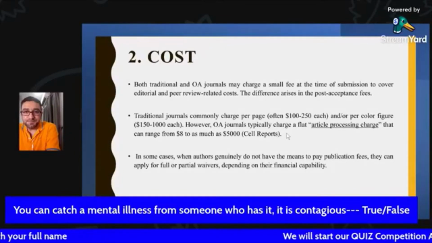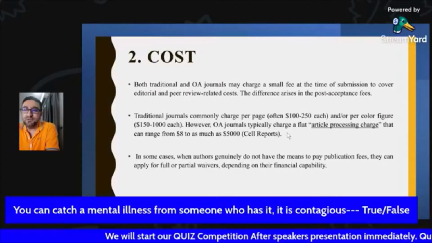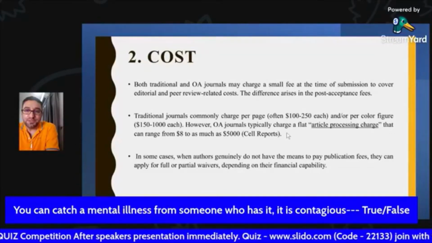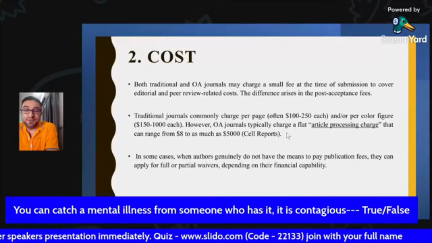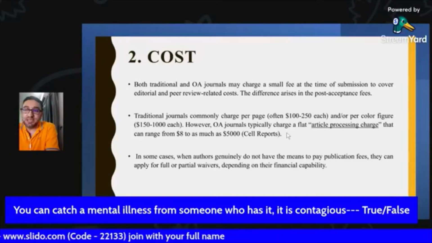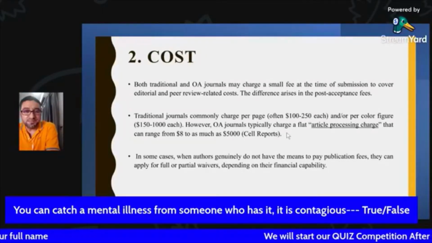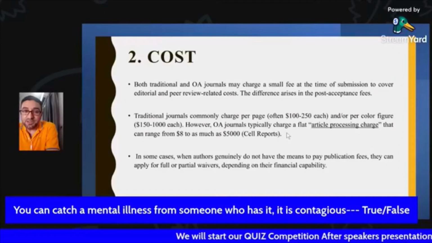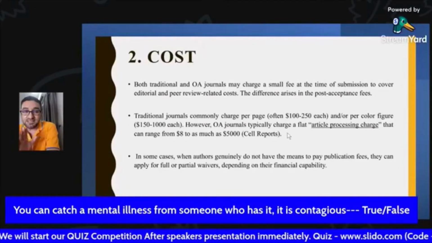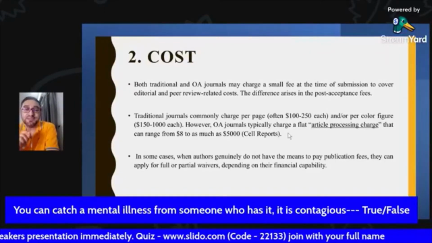Costing. Both traditional and open access journals may charge a small fee at the time of submission to cover the editorial fees and peer-review related costs as well. The difference arises in the post-acceptance fees, meaning that most of the journals accept your paper for free. They ask you to submit your paper for free, and they will not ask you for any charges until you get acceptance or rejection.